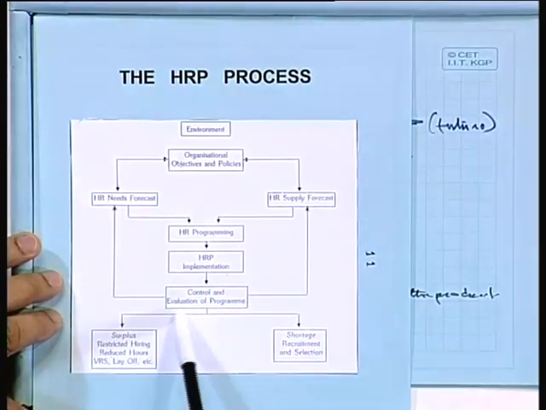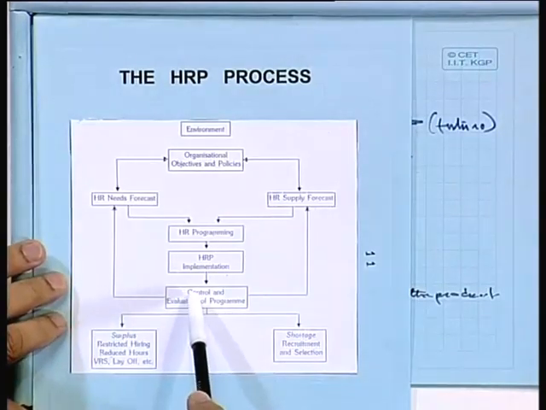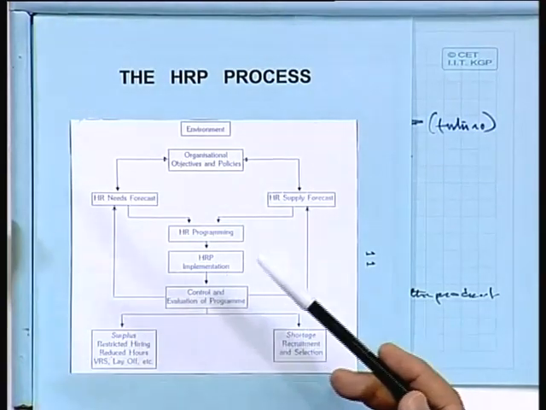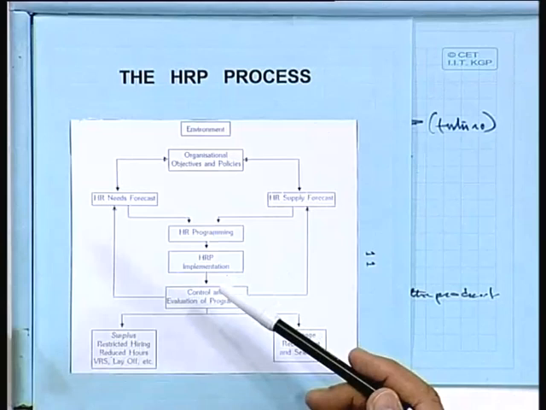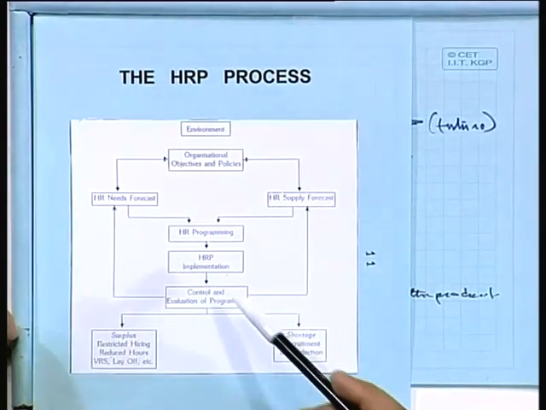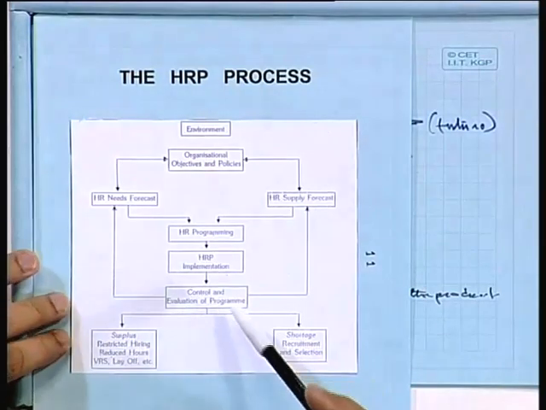Then control and evaluation of program. Then you find out what was your plan and how well did you succeed in implementing the plan. That is, after every implementation you should have self monitoring and see how you did.